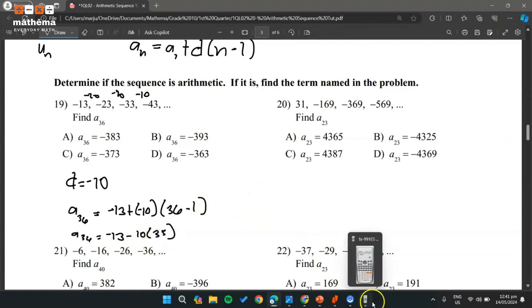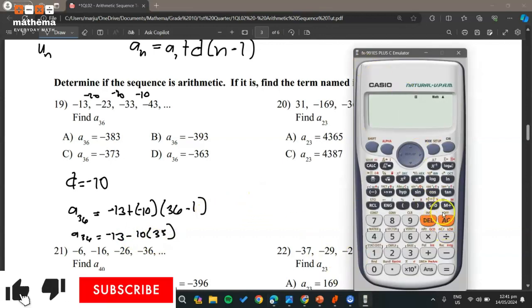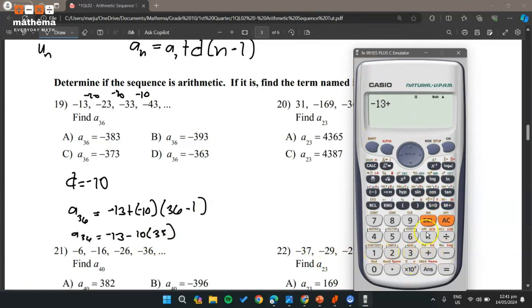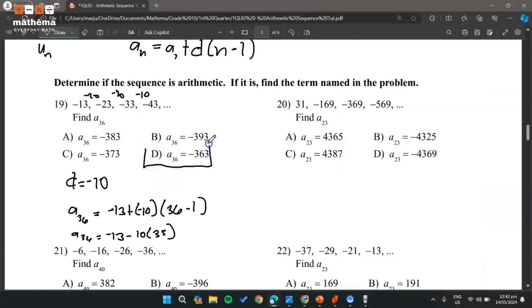If we grab our calculator, this gives us negative 363. So that is what letter? That's letter D. Meaning in this sequence of numbers, the 36th term will be negative 363.